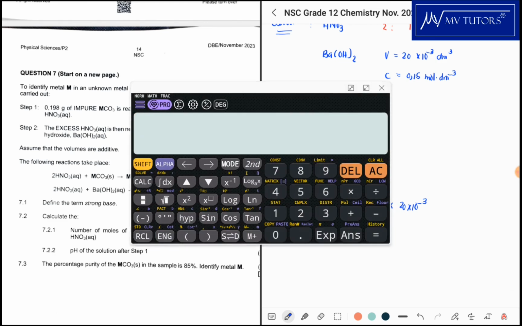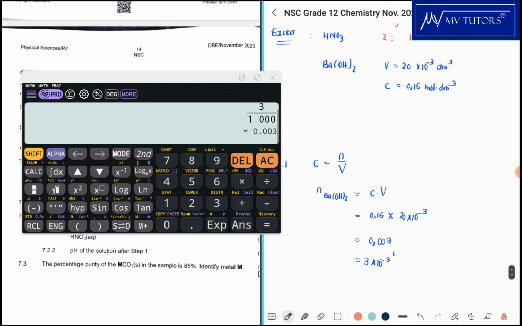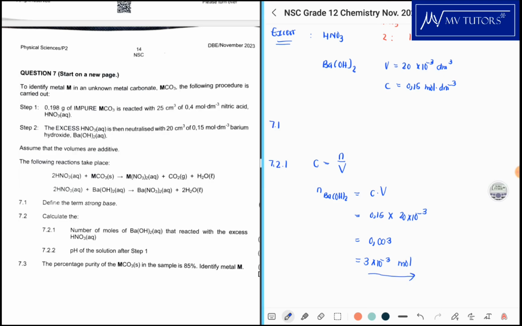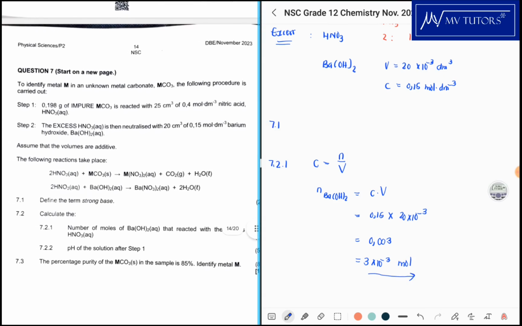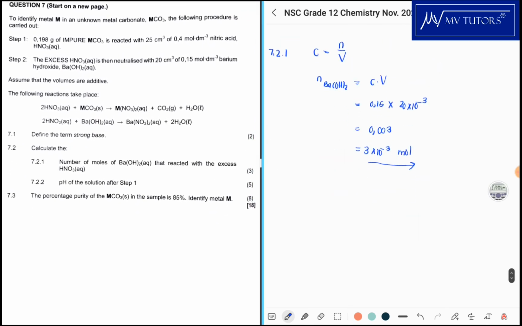So 0.15 times 20 times 10 to the negative 3 gives us 0.003, or we could just say 3 times 10 to the negative 3 mole. Okay, so that is a nice 3 marks over there.